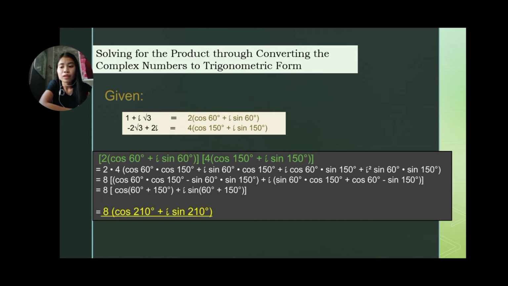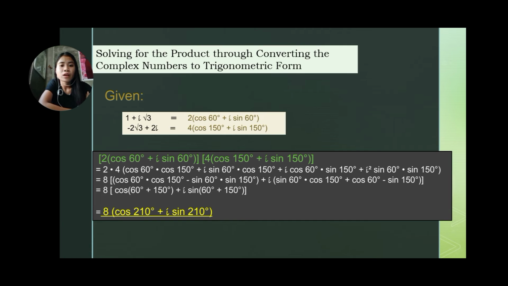We have to factor out the i, and i squared is equal to negative 1, and we need to note that. Then therefore we have 8 cos of the quantity of 60 degrees plus 150 degrees plus i sin of the quantity of 60 degrees plus 150 degrees.